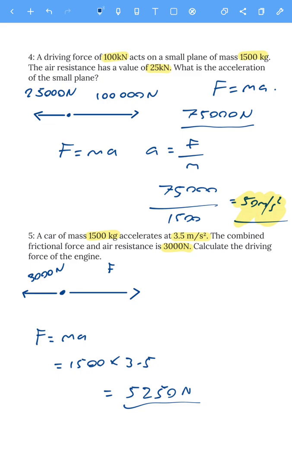So our force, or should I say the resultant force, 5,250, is the result of that. So we would have to do our force, the driving force, subtract the 3,000 newton frictional force to give us our resultant, which will be the 5,250 newtons, which we just calculated. So as you can see, to get the driving force, we'd actually have to take the minus 3,000 to the other side.